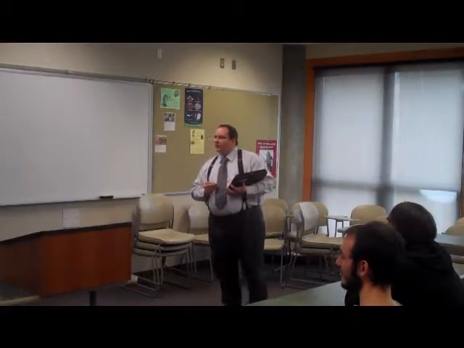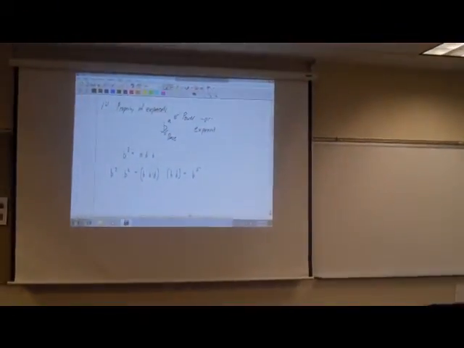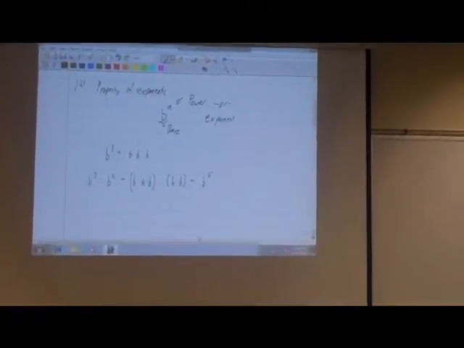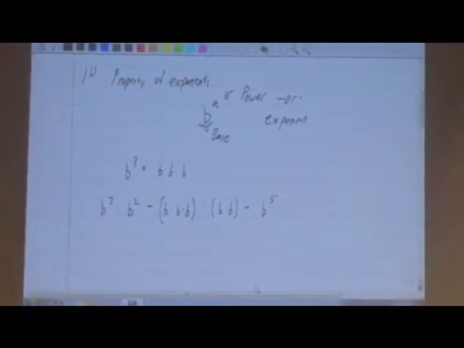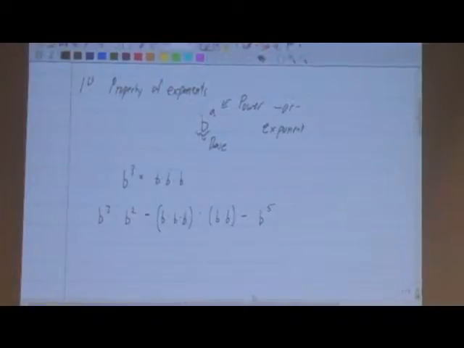Is there a coincidence here? Can you see something on the board that would make you think about how you multiply exponents? It looks like if you have the same base, you can add the exponents together. If they're the same base, we can add the exponents. That's absolutely correct.